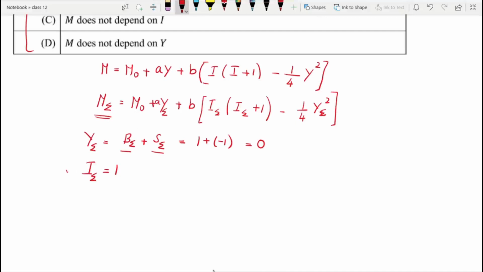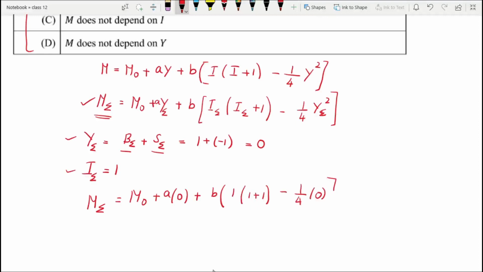Now substitute the values of Y and I in the mass of sigma. So mass of sigma is m₀ plus a times 0 plus b times (1 × (1 + 1) − 1/4 times 0), which gives simply m₀ + 2b. So this gives the mass of sigma. In a similar way, we will find the mass of lambda.